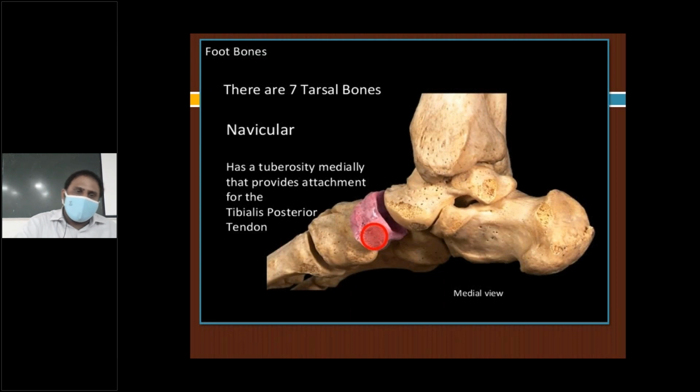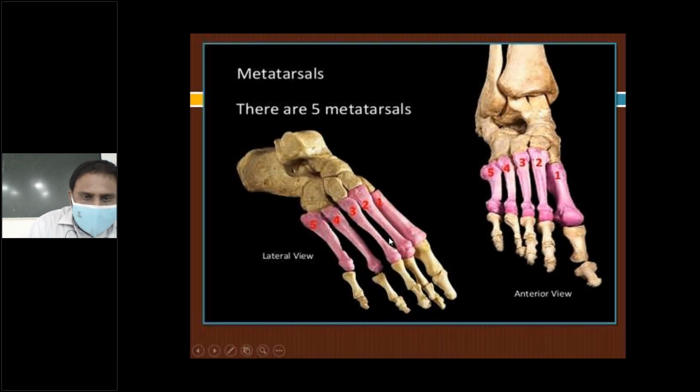Next, go to the joints. The navicular has a tuberosity medially that provides attachment for the tibialis posterior tendon. The five metatarsals are seen in lateral view and anterior view.